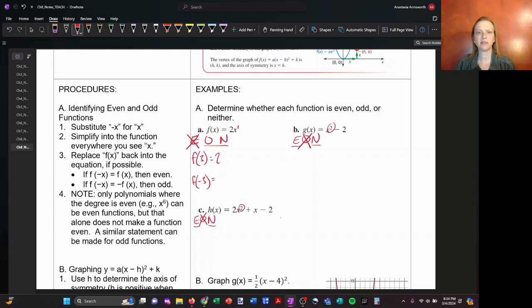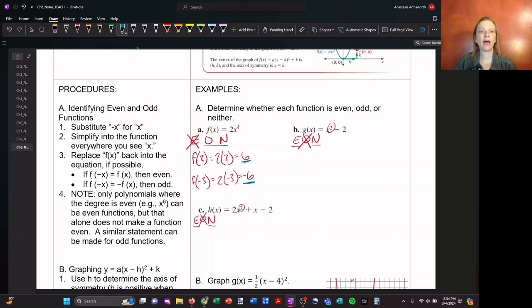So I plug x into the function. 2 times 3 is 6. And 2 times negative 3 is negative 6. Notice that here I got the same number value, but with the opposite sign.